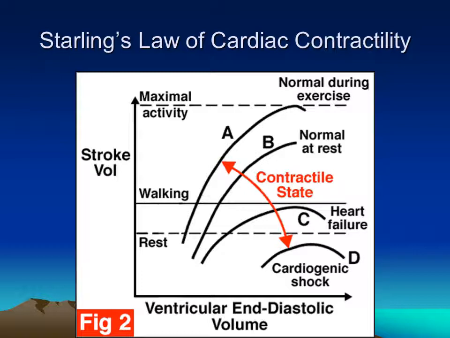So if we follow A, we have normal cardiac contractility during exercise, running, etc. B, resting. C, as the contractility worsens, the patient then slips into heart failure. And D, worsening of that is cardiogenic shock.